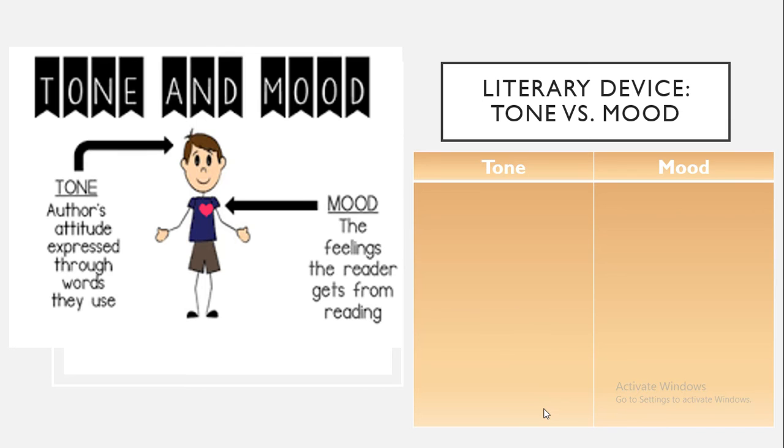Remember, I want you doing this very detailed because you can, again, submit these notes on Monday for extra credit. So we're writing as many examples of tone and of mood as we can.